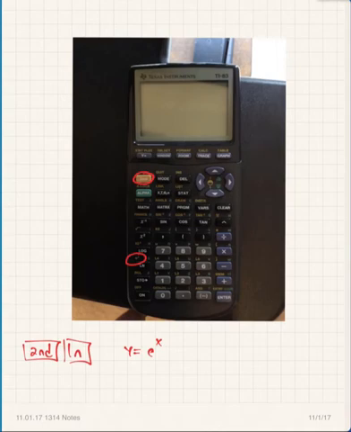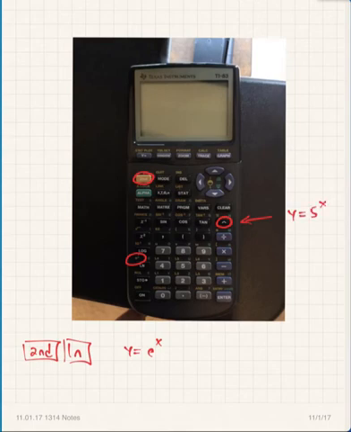All right, and so those are important keys to know when you're talking about exponential functions. And then obviously the other important key is just the exponent key right here, right? That exponentiation key. And remember, that exponentiation key is how you enter things like y equals 5 to the x, for example.